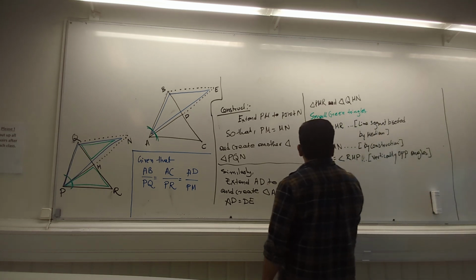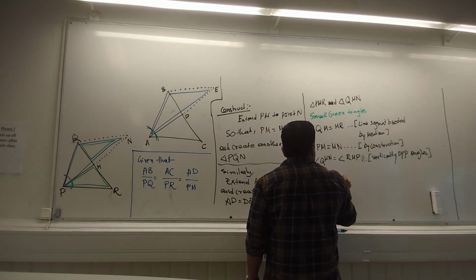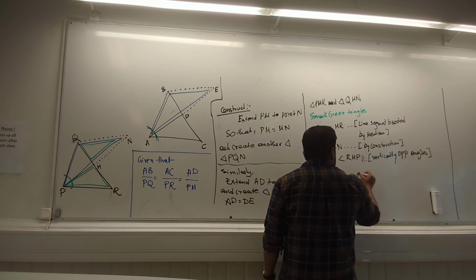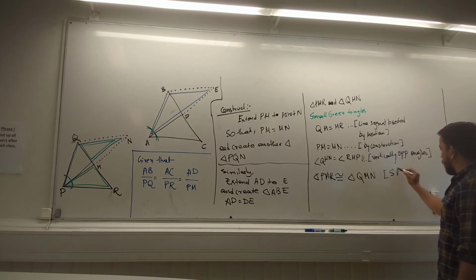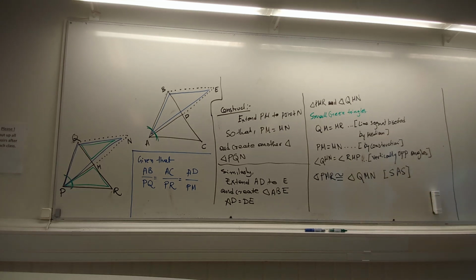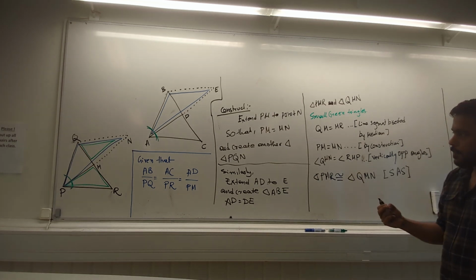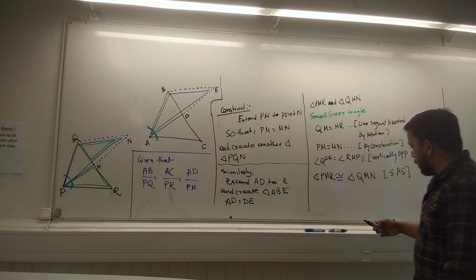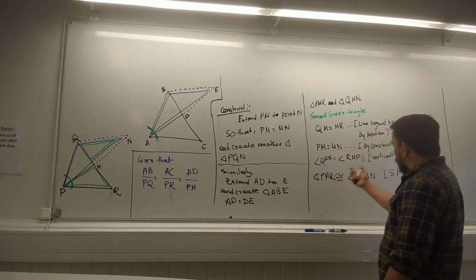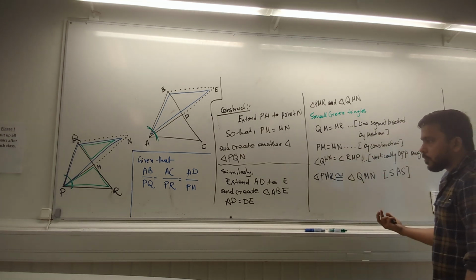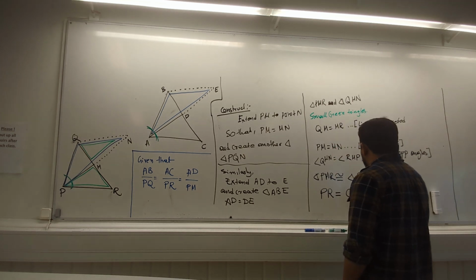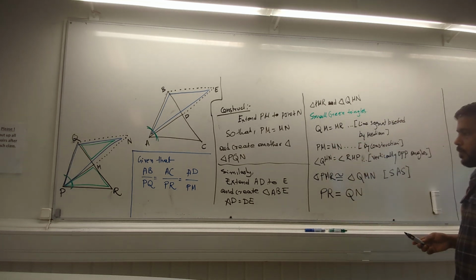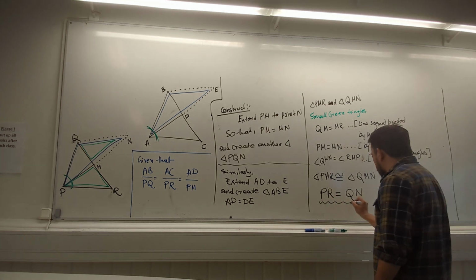So you can say that triangle PMR is congruent to triangle QMN by the side-angle-side criteria. These two triangles are equal to each other, and because they are congruent, we can claim that PR is equal to QN. So those two sides are equal, and this is a very important thing to consider, right?